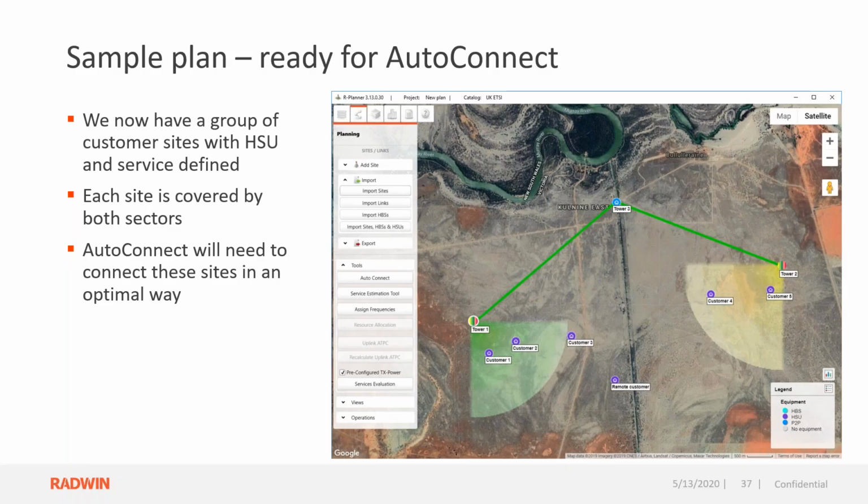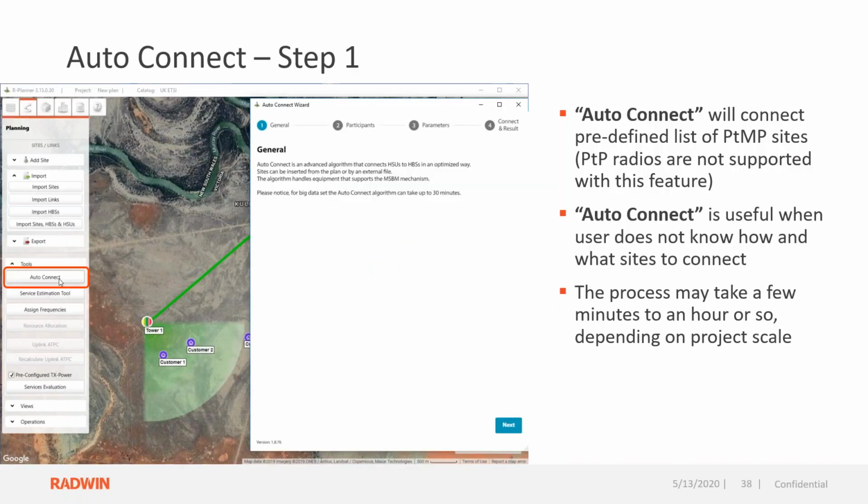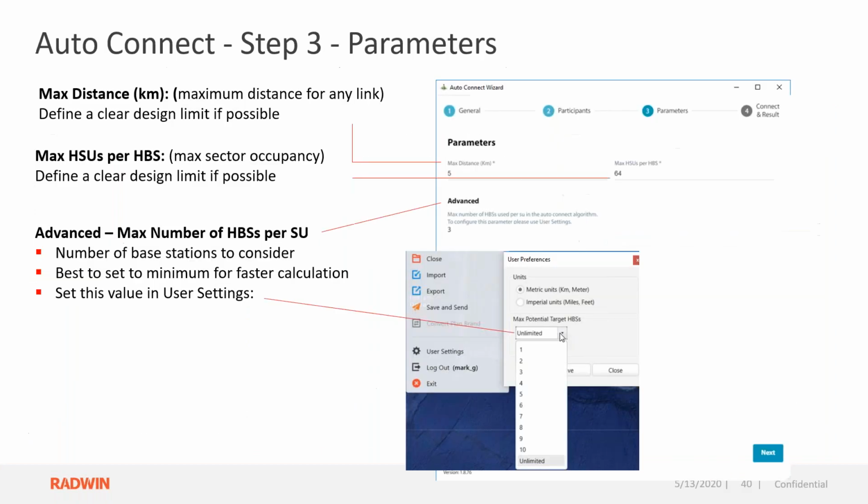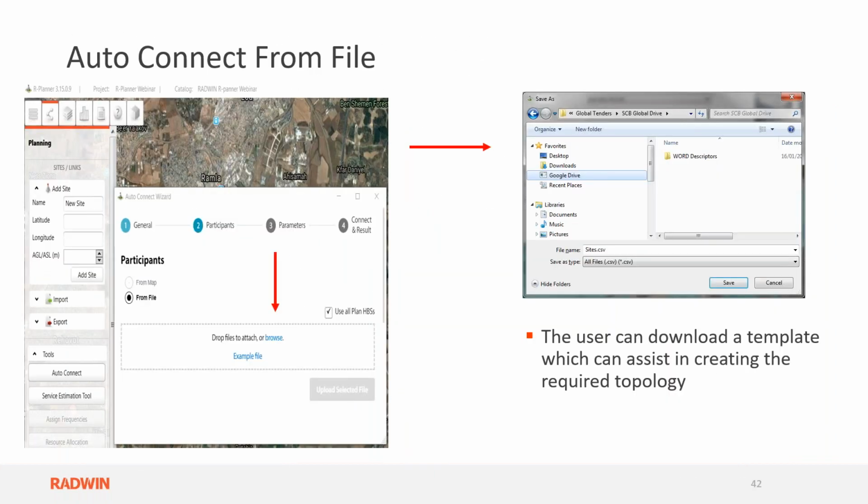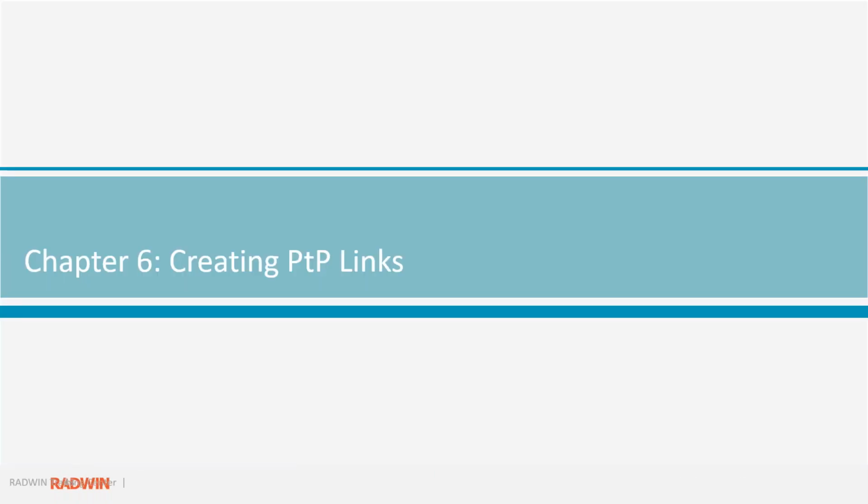Auto connect, we saw the auto connect where the algorithm is doing the decision for you. And this is described how to do the auto connect, how to point the group of subscriber and base station.